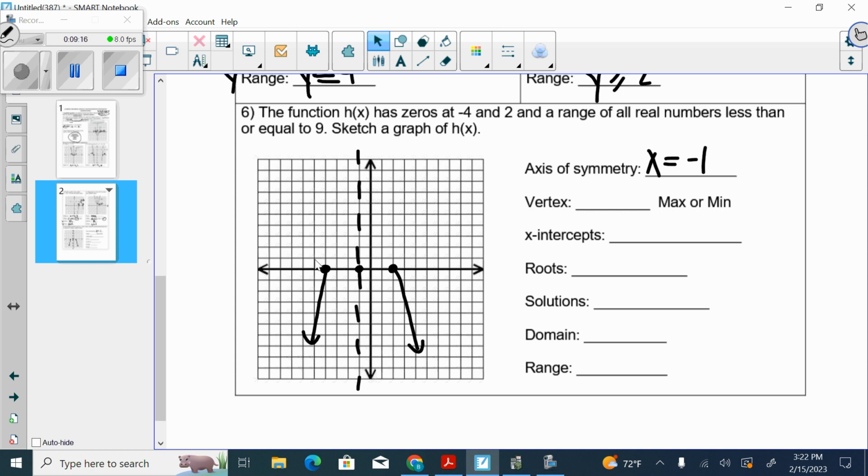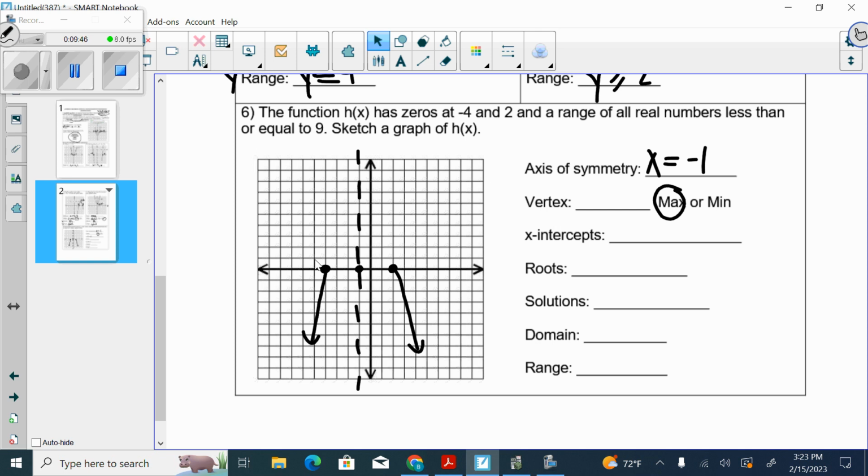Okay. Then it asks for the vertex. Okay, so we have our function as having a vertex that is going to be somewhere up here, right? Because we said our arrows are going down. If my vertex is up here, is it a maximum or a minimum? Maximum. Okay, and I need to figure out where it's going to be. So we know that it's at the -1, right?